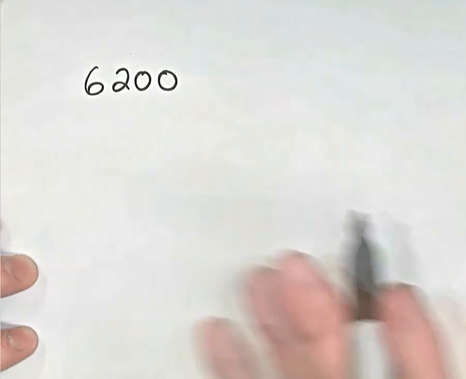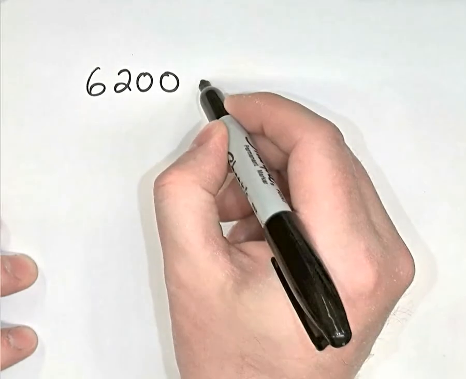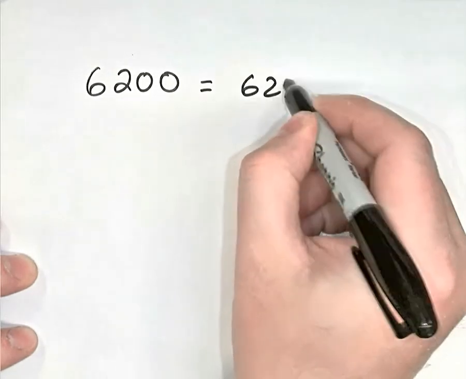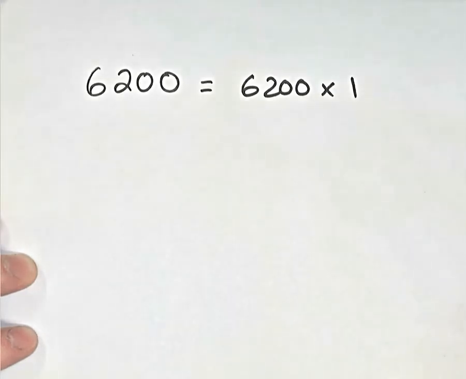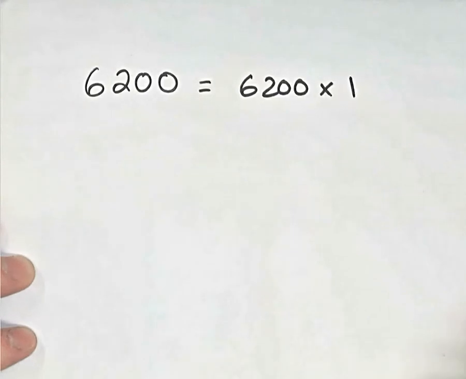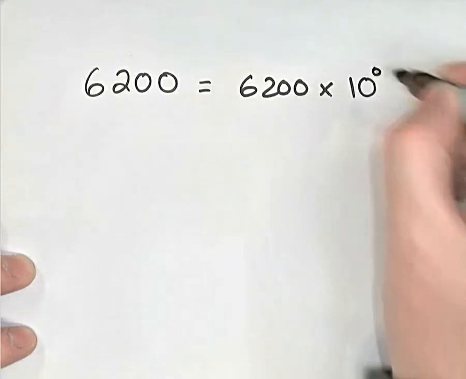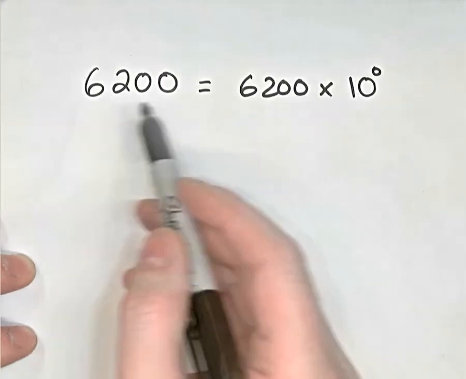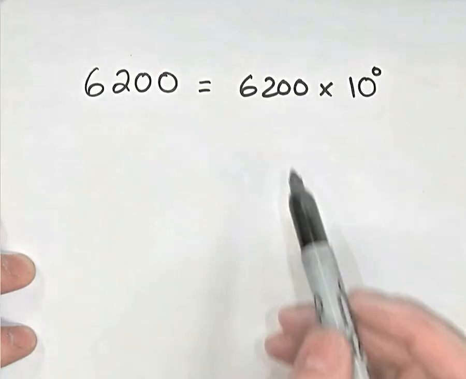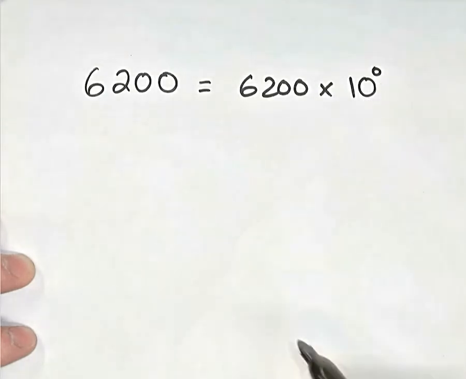Now notice, you could say it's the same as 6,200 times 1. That means the same thing as saying 6,200. But we saw earlier that the number 1 is really the same as 10 to the power of 0. 10 to the 0 is 1. So 6,200, as strange as it might seem, could be written as 6,200 times 10 to the 0.